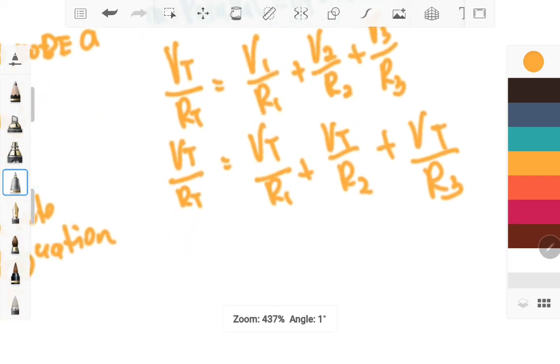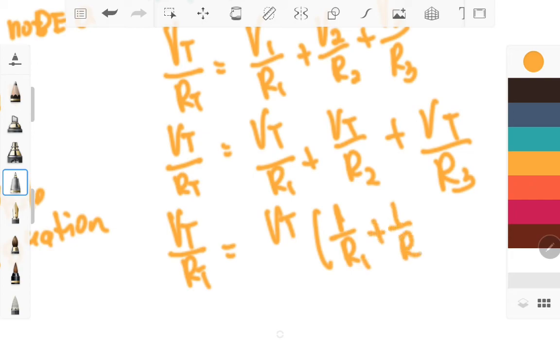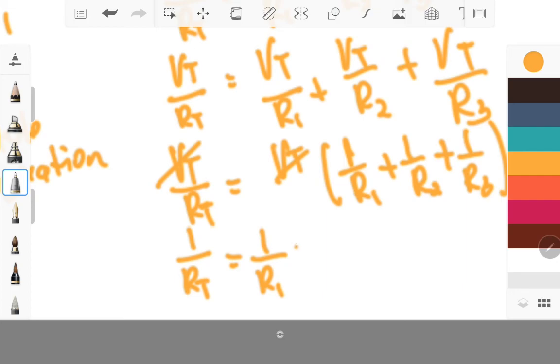So factoring out V total, V total all over R total is equal to V total multiplied by 1 over R1 plus 1 all over R2 plus 1 all over R3. So considering V total, we'll have 1 all over R total, which is equal to 1 over R1 plus 1 over R2 plus 1 all over R3.